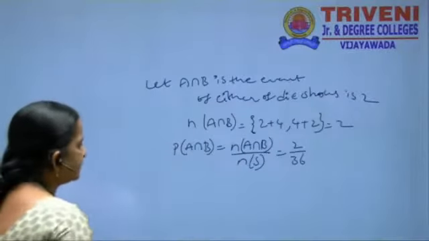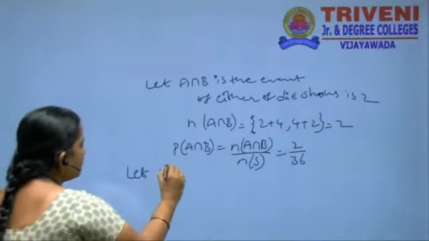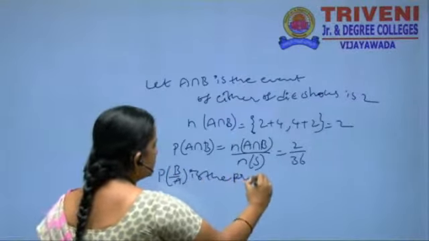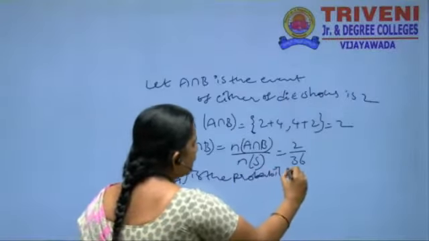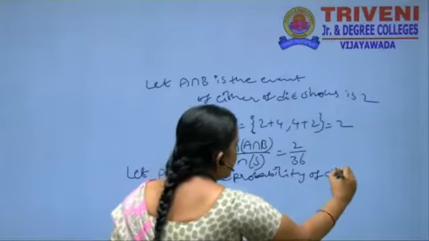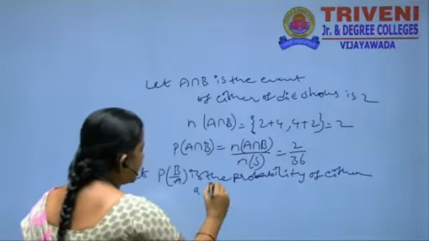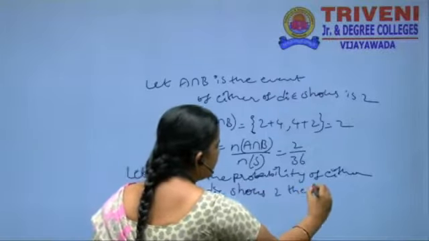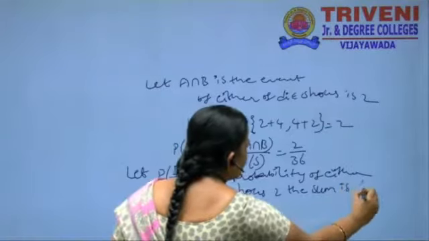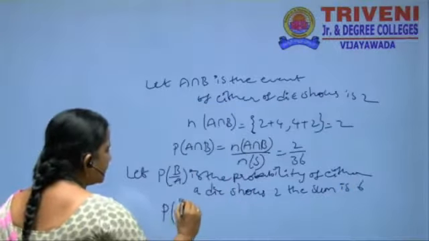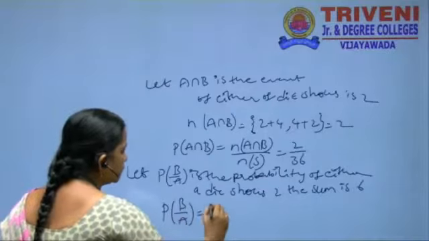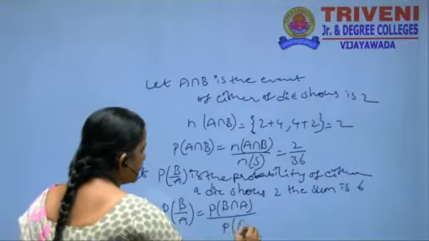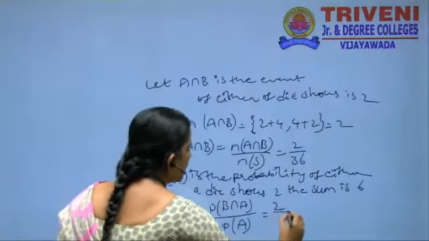Here, let P of B given A be the probability that either die shows 2 given that the sum is 6. The sum is 6 means we have to take P of B given A equal to P of B intersection A, or A intersection B, by P of A, that is equal to 2 by 36.